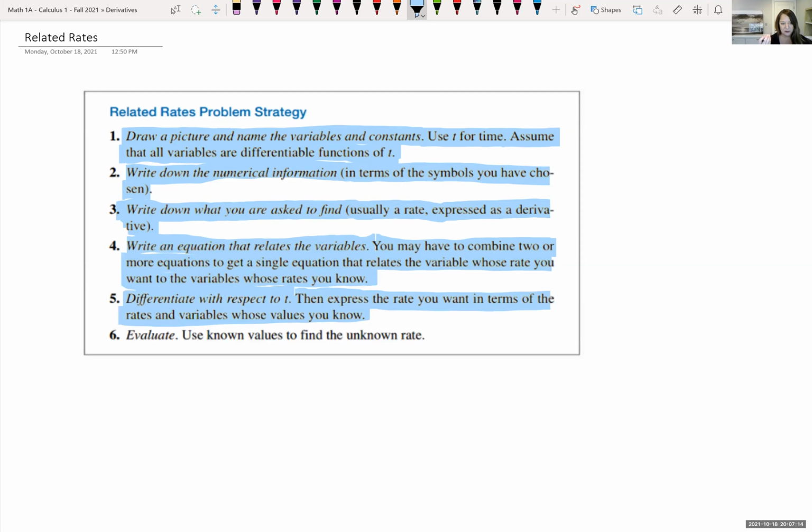Once we take the derivative, we're going to look back and find where it says this is a rate of change, that's the derivative. Then we're going to plug that number in if it's given a value into the equation that we just took the derivative of. And then we're going to evaluate, using known values to find the unknown rate. I guess I kind of stated that from number 5.